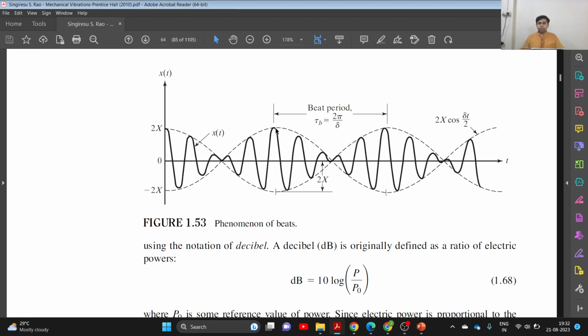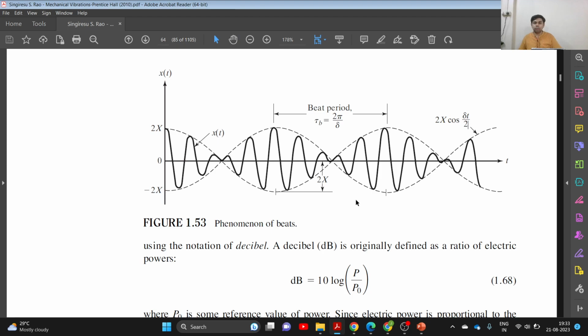The time period of this sine wave, you are right, should be 4 pi by delta. But you can assume two sine waves being superimposed onto each other, so this pattern appears twice in one cycle. That's why it becomes half of that.